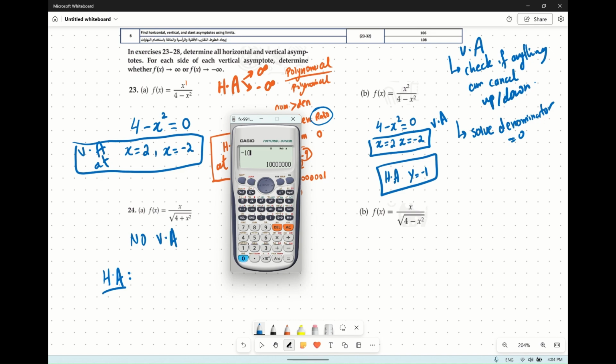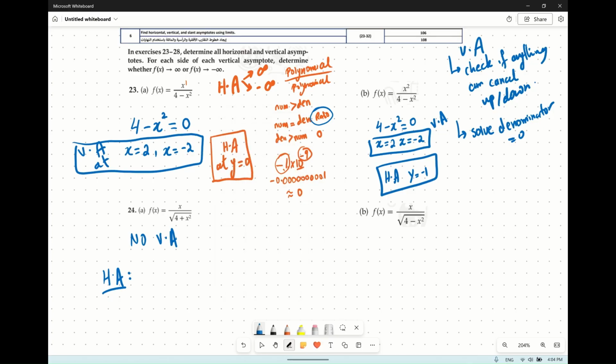I will put a large negative number. I will get negative 1. So what does this mean? That there is a horizontal asymptote at 1 and there is a horizontal asymptote at negative 1. So we have two horizontal asymptotes, at y equal 1 and y equal negative 1. And that's it. This is the answer of this.